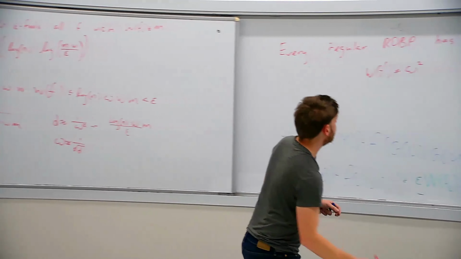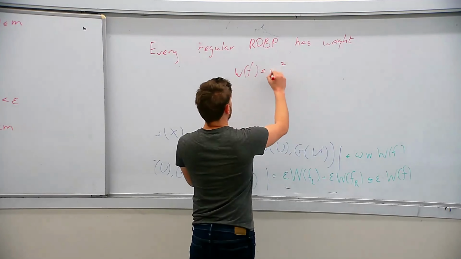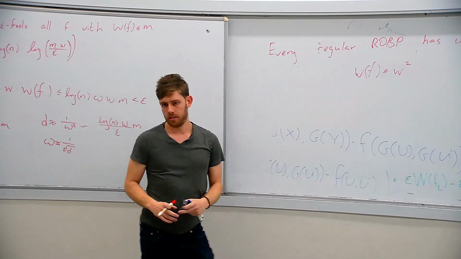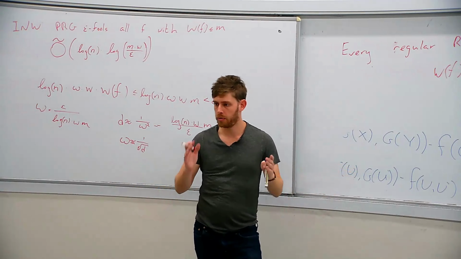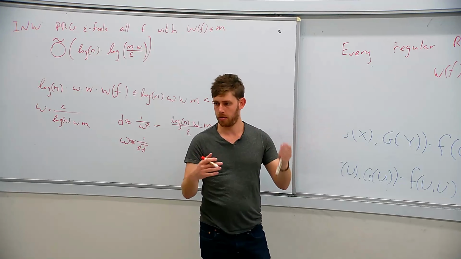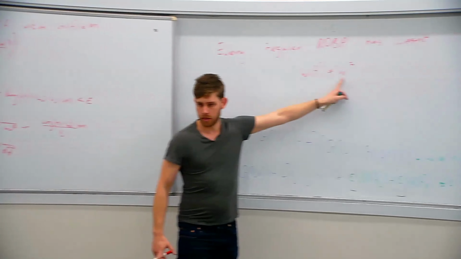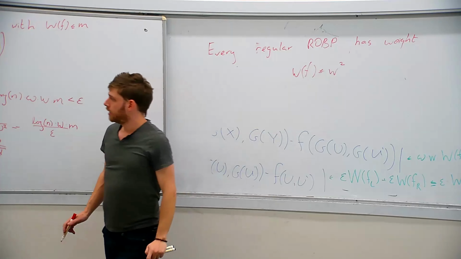Okay, so the weight of a regular branching program does not depend on the length, although we had more layers with more weights. It's bounded above by the width of the program.